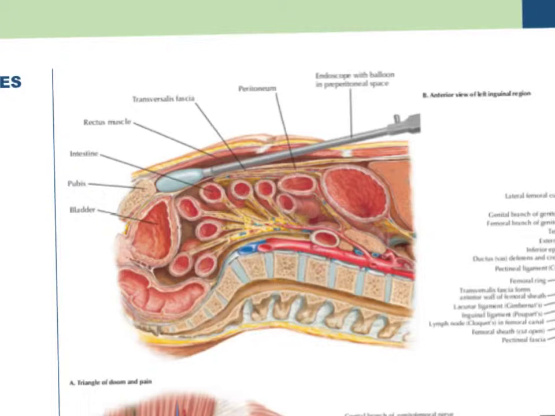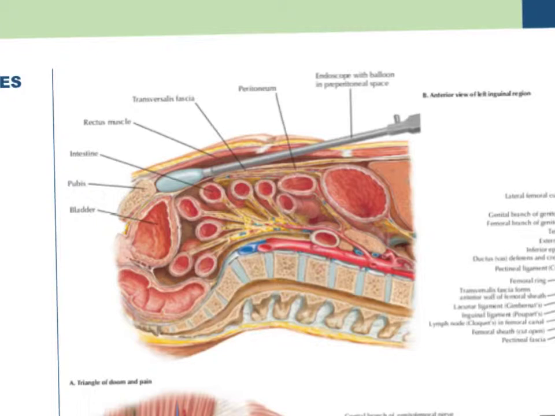It's a layer just anterior to the peritoneum, the preperitoneal space, for which you accomplish the totally extraperitoneal repair. The transabdominal preperitoneal approach is one in which you actually enter the abdominal cavity and dissect off the peritoneum at the region for which you're going to accomplish repair and expose the preperitoneal space in order to accomplish the repair. You'll certainly have an opportunity to see some of these surgeries, I'm sure.